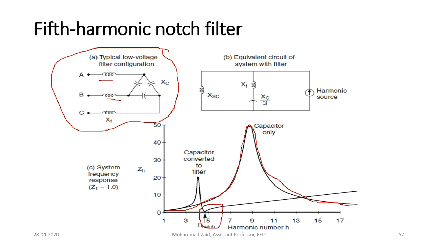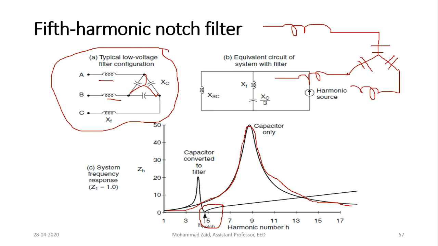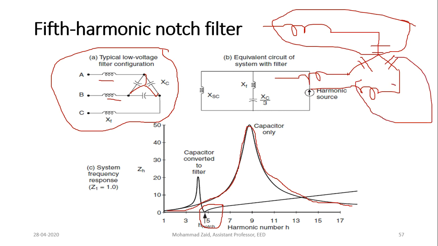If this is a delta, then you can also connect it in star, so it will have this kind of configuration. The capacitor was already there. What we have done is connected an inductor to it. So basically each branch, the C and L combination, acts as a filter.